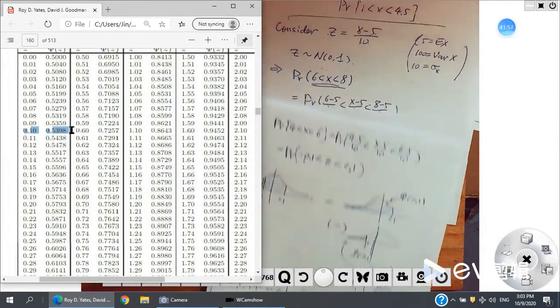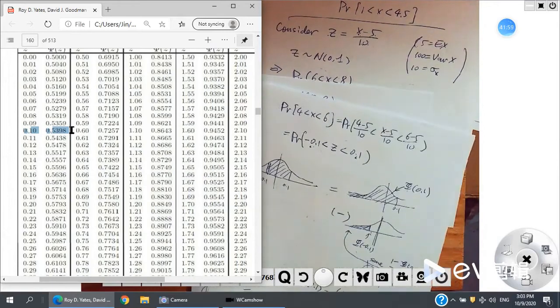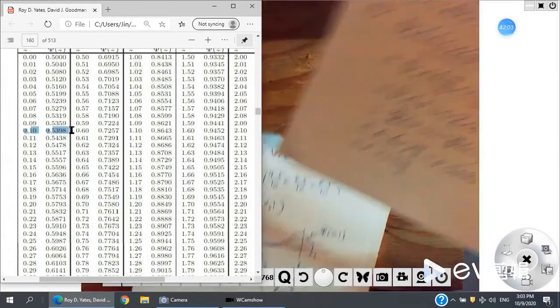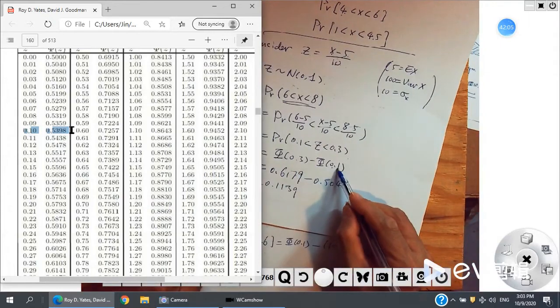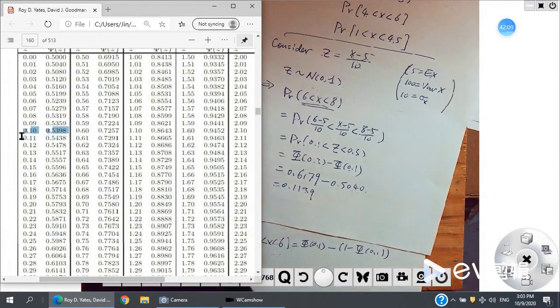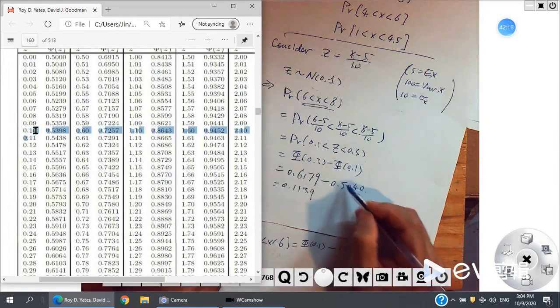As the previous one before this, it is this one, right? Here I put 0.5040, but that should be this value. I use this one. Z is 0.01. Actually, we need this 53. Okay, sorry.